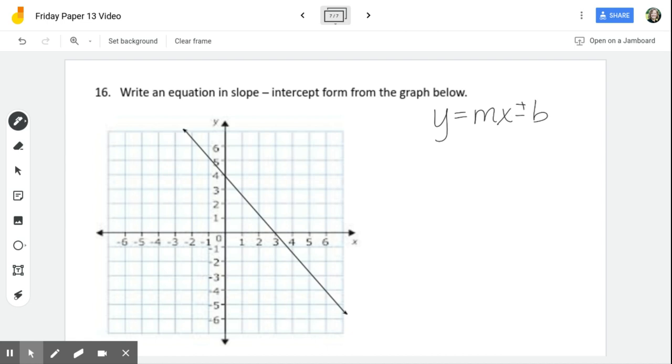Write an equation in slope-intercept form from the graph below. All right. First thing I like to do is look for where this line crosses the y-axis. The y-axis is this one that goes up and down. Okay, that's a vertical line.